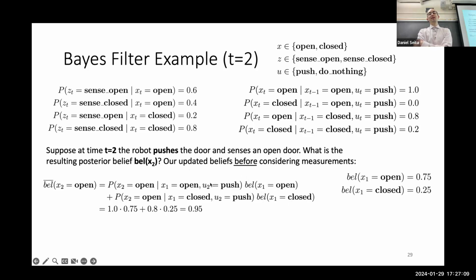So u2 is the action that led from x1 is open to x2 is open. Something similar for this, except if it was closed and you push, what's the probability that that led to x2 is open? And then if you plug in the numbers, you should get this 0.95.